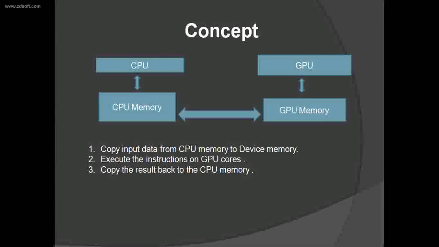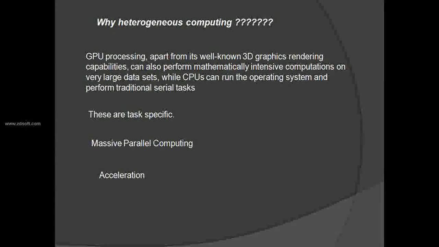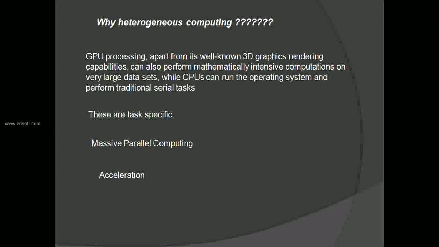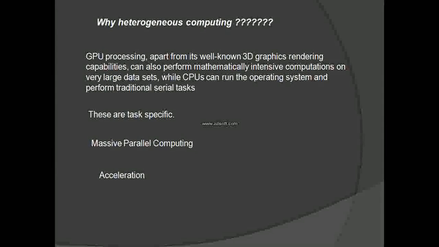So why do we use heterogeneous computing? GPU processing, apart from its well-known 3D graphics rendering capabilities, can also perform mathematically intensive computations on very large data sets, while CPUs can run the operating system and perform traditional serial tasks.